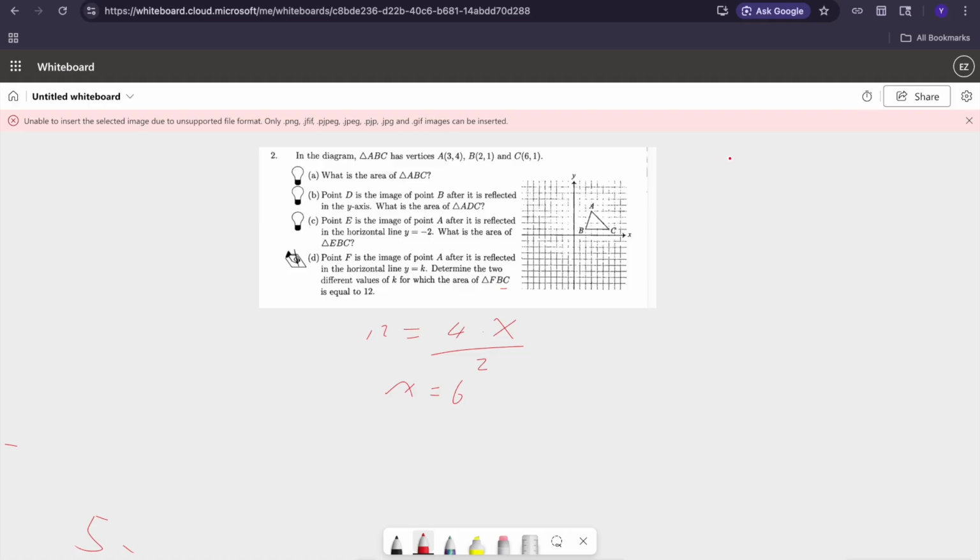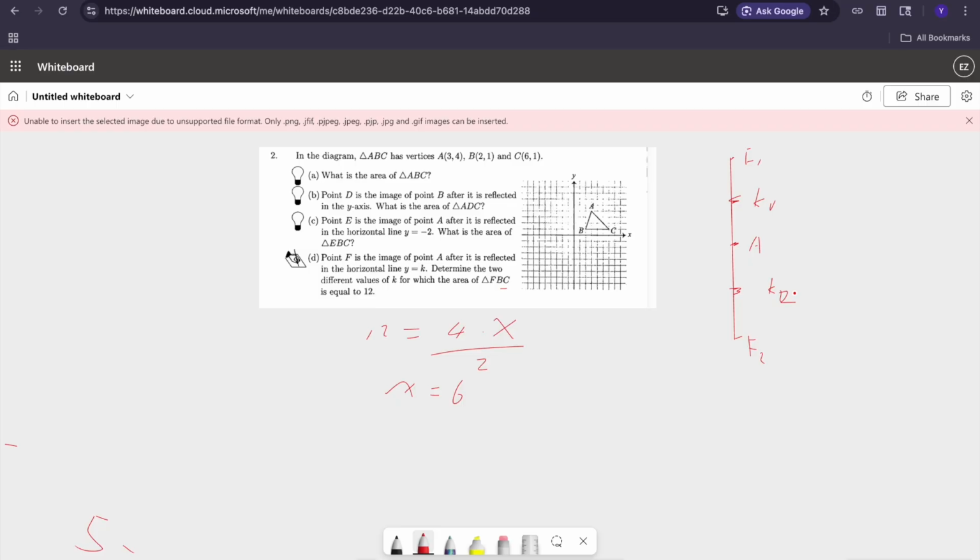Okay. And let me draw a graph, and the relationship between A and F and k is like this. This is A. We name this F1 and name this F2. And the midpoint between A and F2 is K2, and the midpoint between A and F1 is K1.